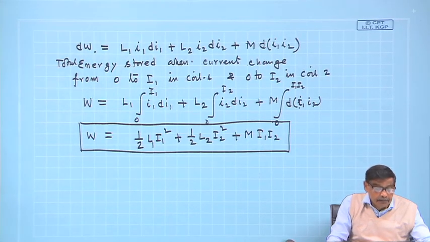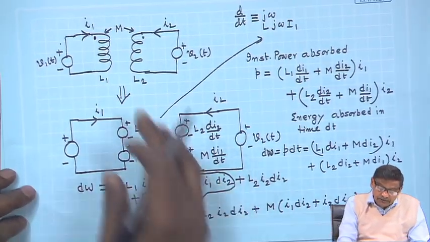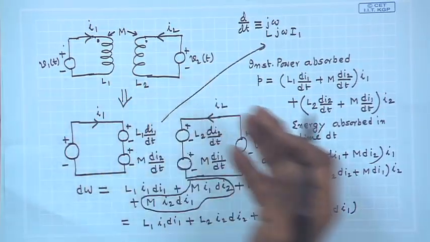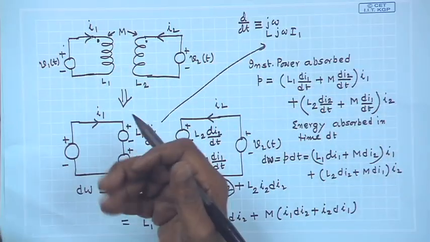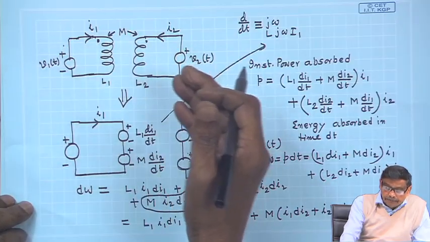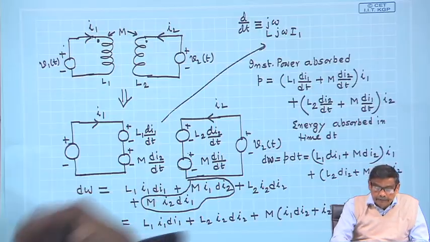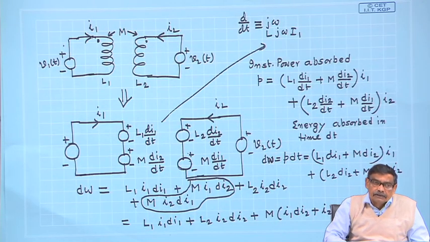Given 2 mutually coupled coils, both the sides, these 2 sources are pumping power into the system. The way I have assumed currents and voltage polarities, it means that it is pumping energy. There is no resistance in the coil. Where is that energy going? That energy is being stored in the magnetic field.